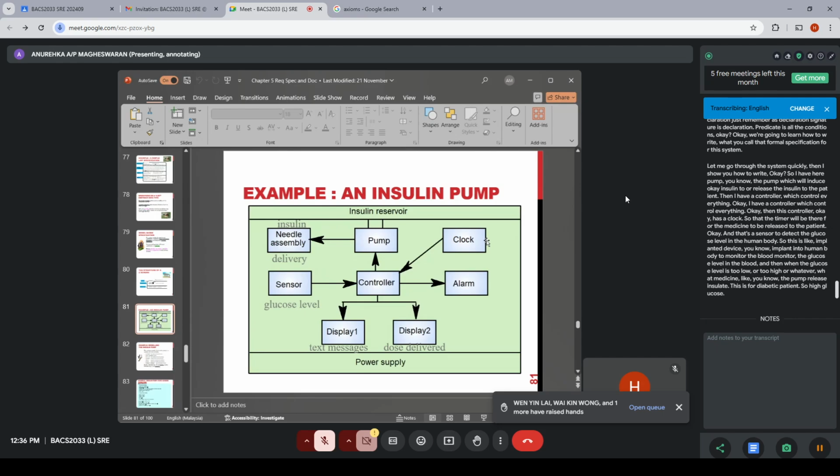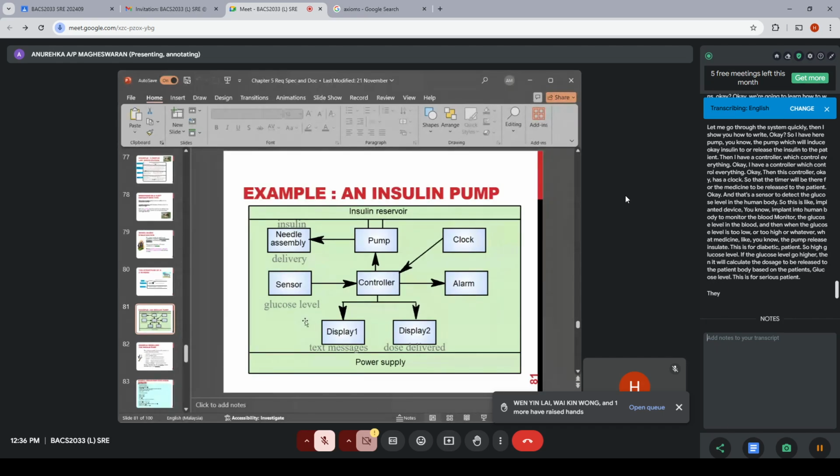If the glucose level goes higher, then it will calculate the dosage to be released to the patient's body based on the patient's glucose level. This is for serious patients. If it goes slightly higher, it can really kill the person.